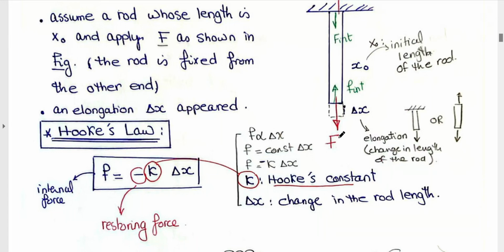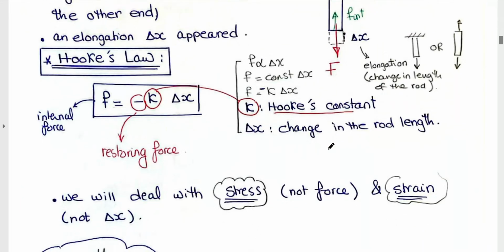But scientists found that it's better to study stress instead of force. Stress is the force per unit area. We want to study the stress, not the force. And we want to study the strain, not the change delta x. The strain is the relative deformation that will happen in the rod.